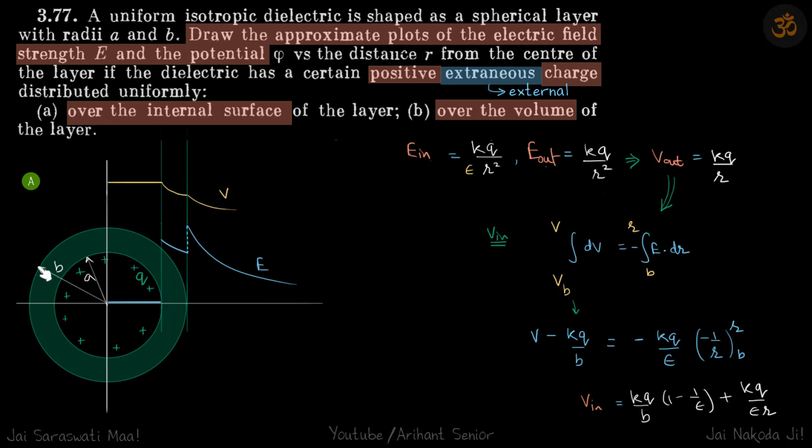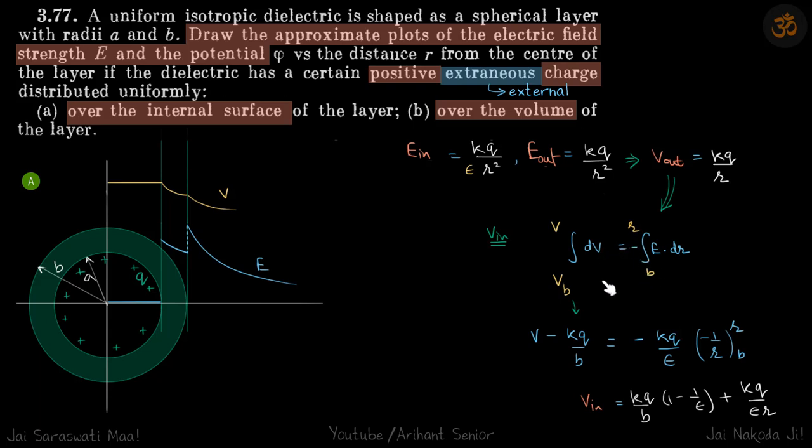So we know that, and we know the field inside. So by minus E dot dr between this point and this point, we can find the potential at an in-between point. So dV is equal to minus E dot dr, and the limits of V will be VB to V, and limits of r will be B to r.